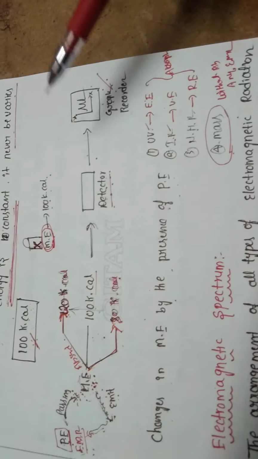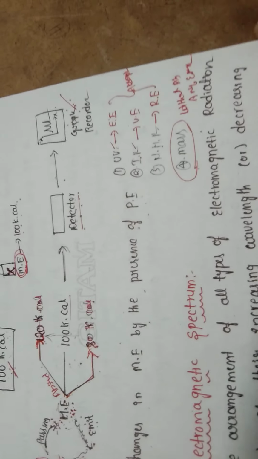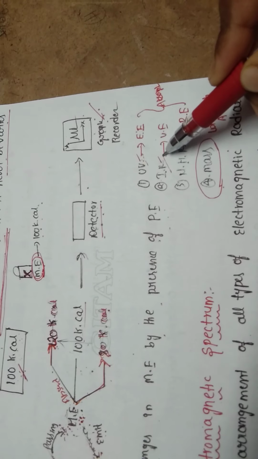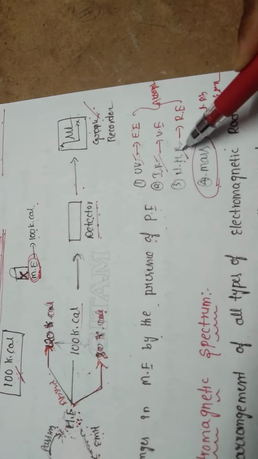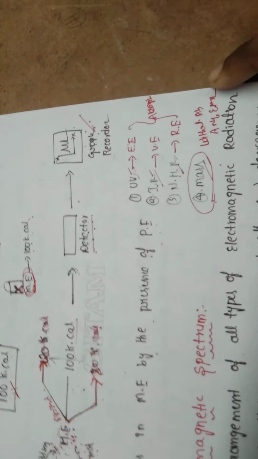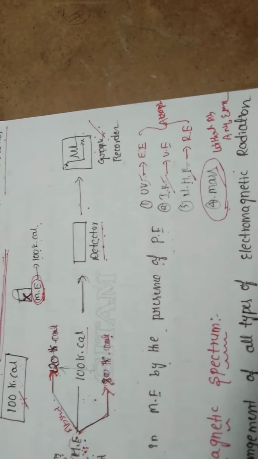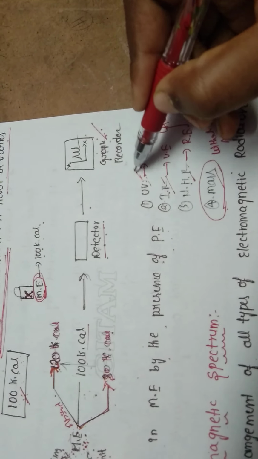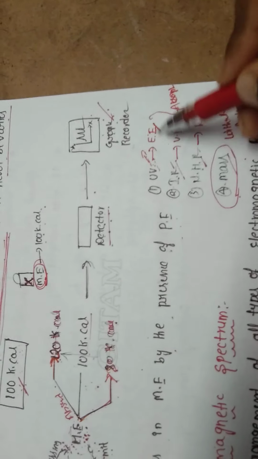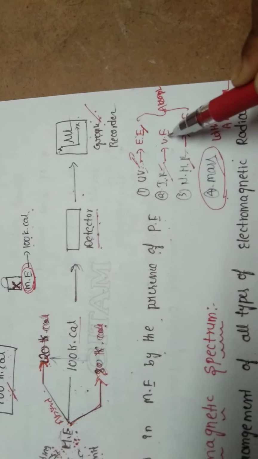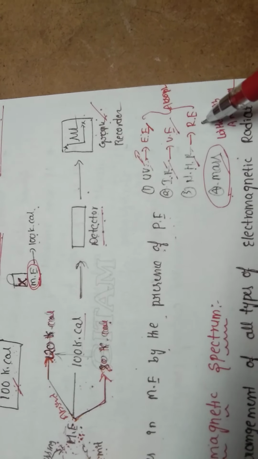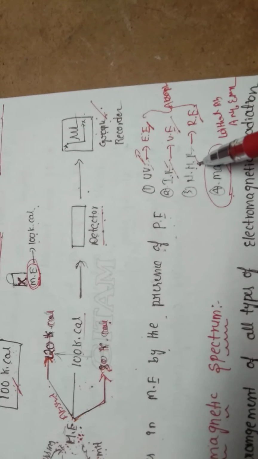Based on spectroscopy, there are different spectroscopic techniques. The first technique is UV-visible, the second is IR, the third is NMR spectroscopy, and the fourth is mass. These four are the very important spectroscopic techniques. If I pass UV light radiation, there will be changes in electronic energy level, giving a UV spectrum. Changes in vibration level give an IR spectrum. Changes in rotation level give an NMR spectrum.